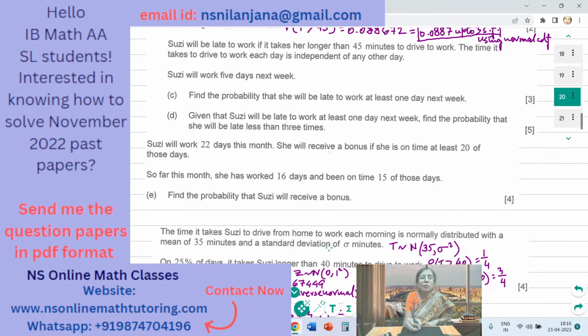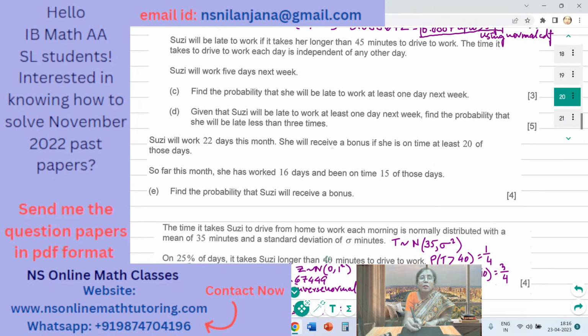Now we come to part C. Susie will be late to work if it takes her longer than 45 minutes to drive to work. The time it takes to drive to work each day is independent of any other day. Susie will work 5 days next week.